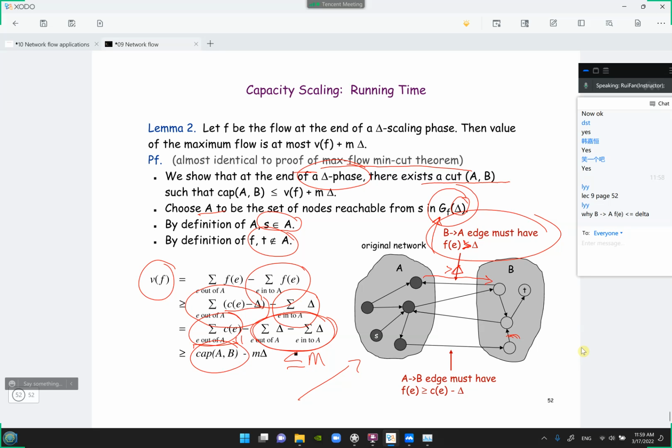If it's larger than delta, then it will be included in this G_f(delta) graph. But if it's included in this G_f(delta) graph, then B would be reachable from S, so this node would be reachable from S. So you would actually include it in A and not B. That means this edge here cannot be more than delta.